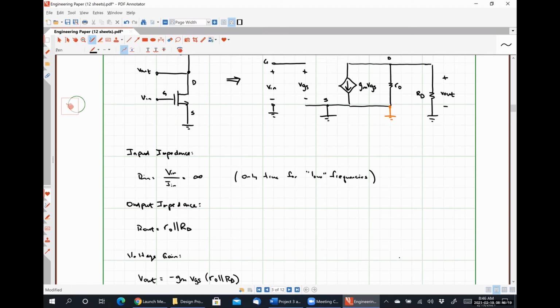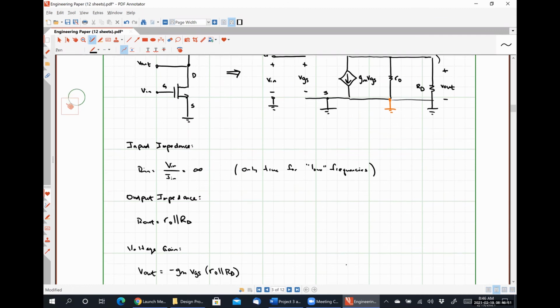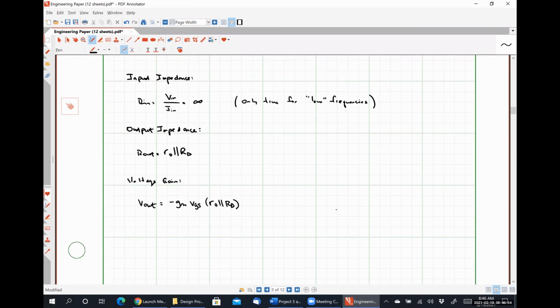Negative because the current is flowing into the negative terminal. So that current is flowing into this parallel combination of resistors. Maybe it's smarter for me to draw this line that way. Doesn't particularly matter anyway. So R naught and RD are in parallel. The current is flowing into the negative polarity terminal and exiting the positive polarity terminal. So that's where this negative sign comes from. VGS in this case is exactly equal to V in.